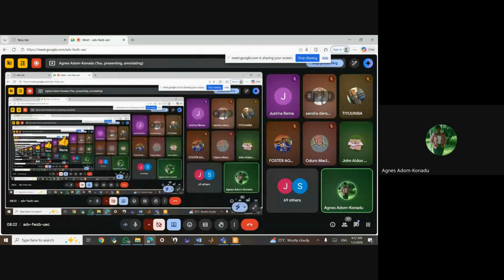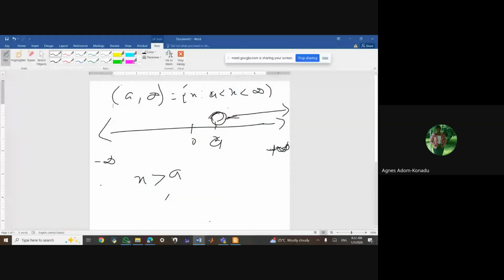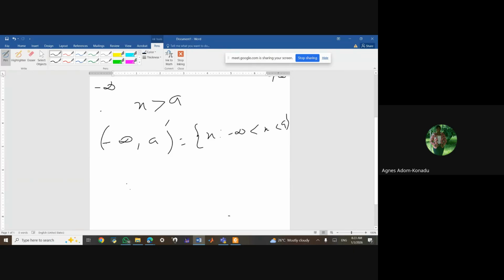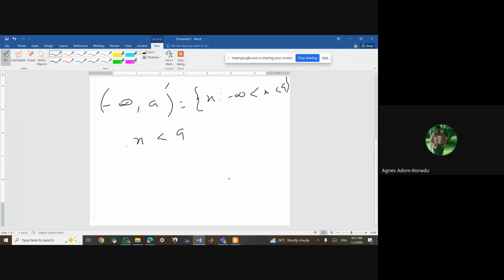Then we also have the open left infinity interval, which will be negative infinity to A, open like this. This is also x such that negative infinity is less than x less than A, which is the same as x less than A. When I sketch on the number line, this is 0, and A is here.